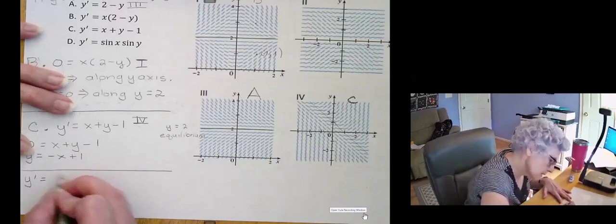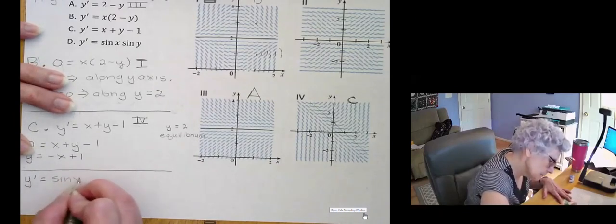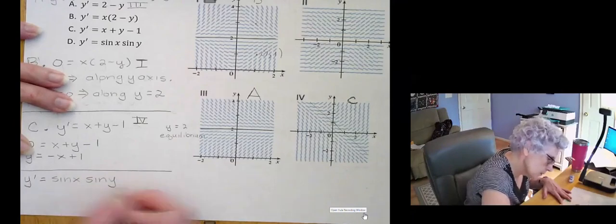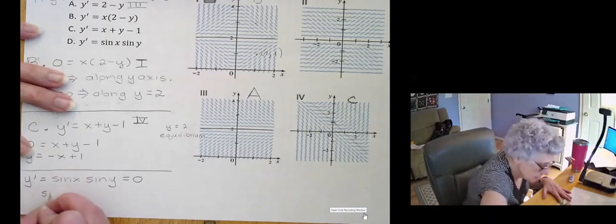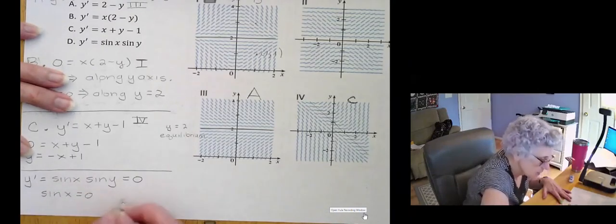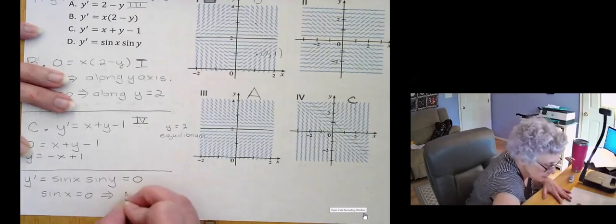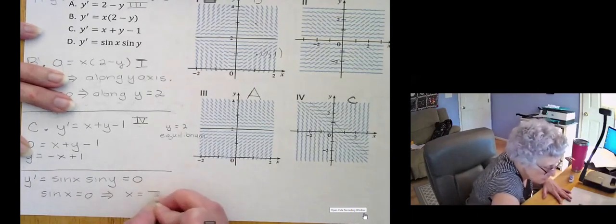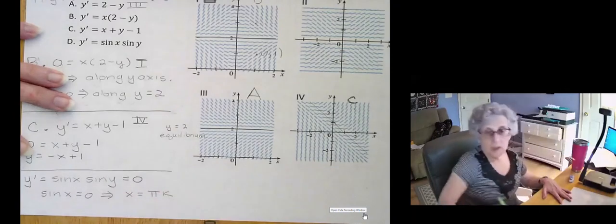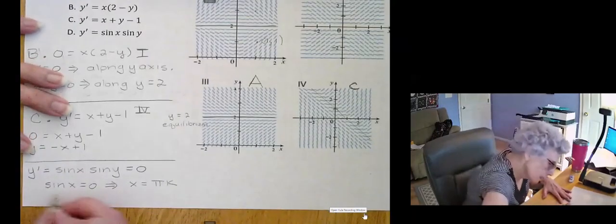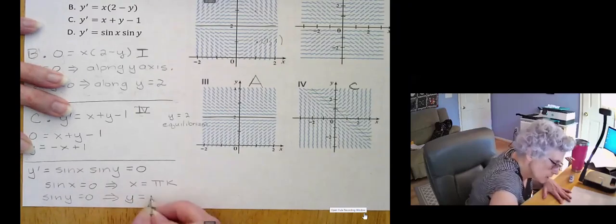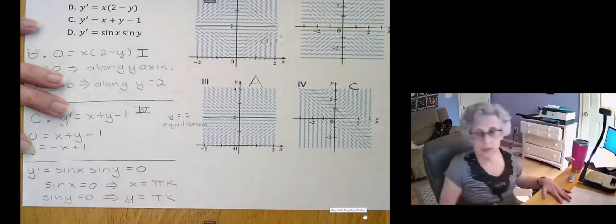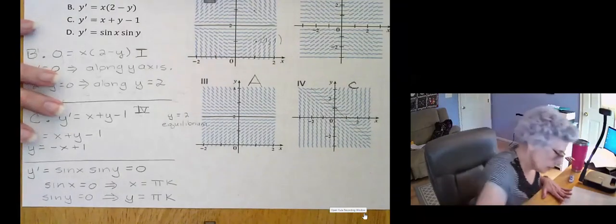Y primed is equal to sine x sine y. That's equal to 0 if sine of x is equal to 0, so if x is equal to pi times a constant, or if sine of y is equal to 0, so if y is equal to pi times a constant.